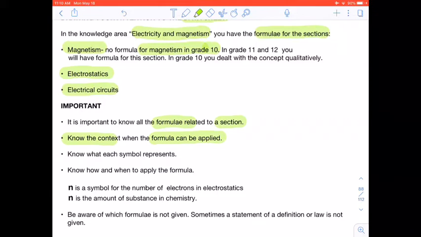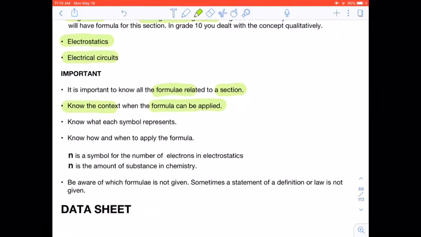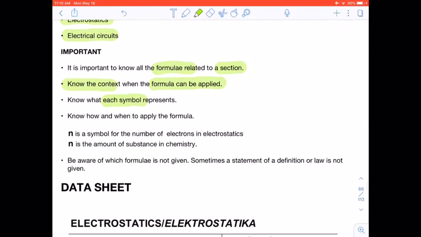advanced in a sense, because if you know the limits within which that formula can be applied, that means you're understanding the underlying concepts related to that formula. And you also need to know what each symbol stands for, or represents. So you need to know how and when to apply the formula.